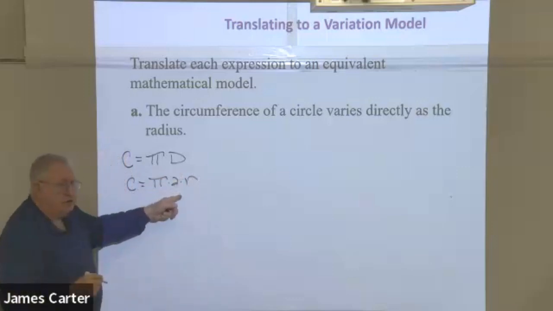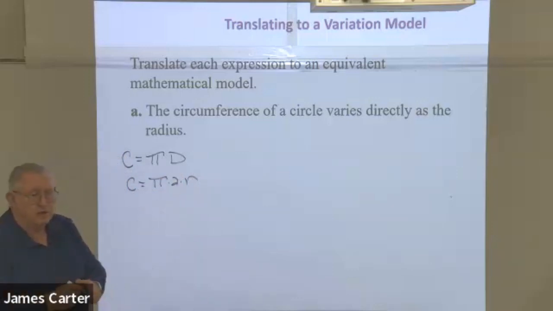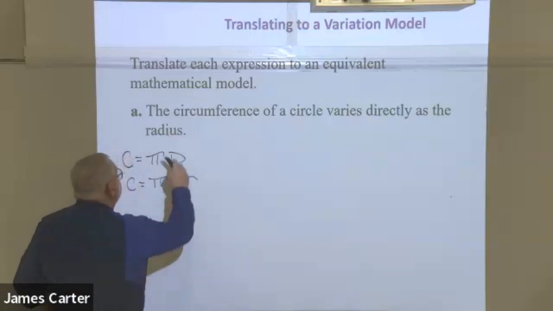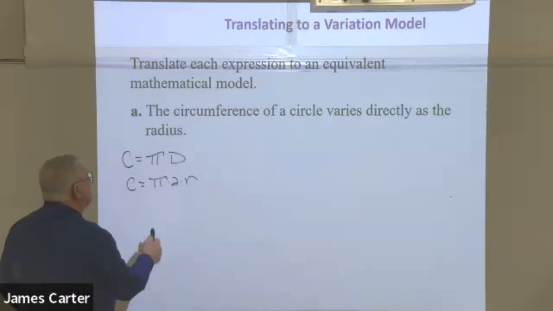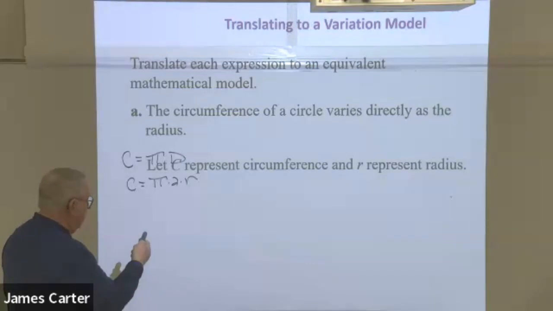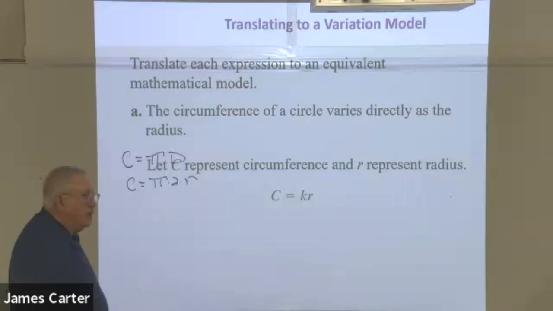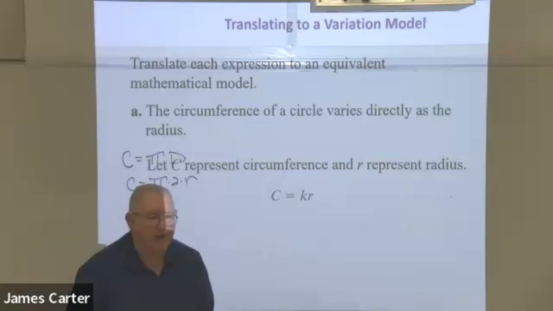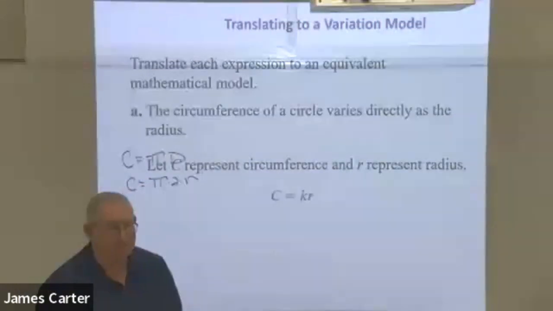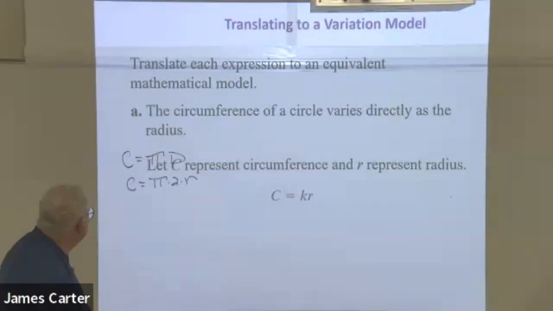Well, the diameter and 2 times the radius are the same thing. Okay. Now, they're saying this. So, C equals something times r. Well, in this case, it would be pi times 2, or 6.28.